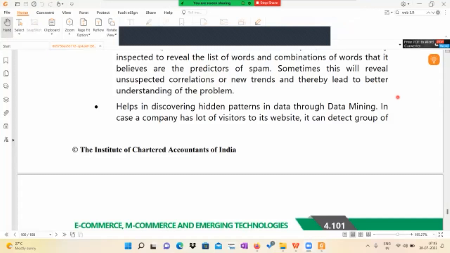Okay, so what we learned here was, in the case of artificial intelligence, whenever the seller sells goods, he will have the sales report: from which category of customers he got orders, at what time he got the orders, and what kind of orders he got from the customers.